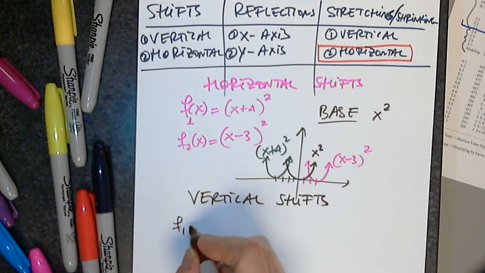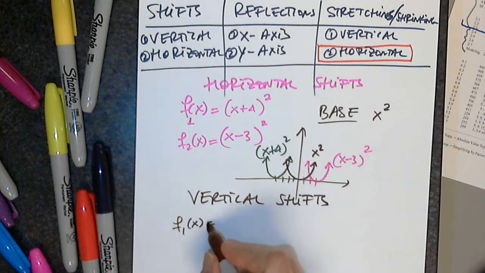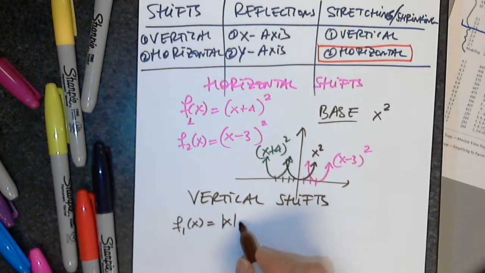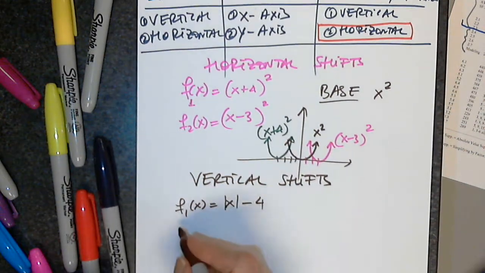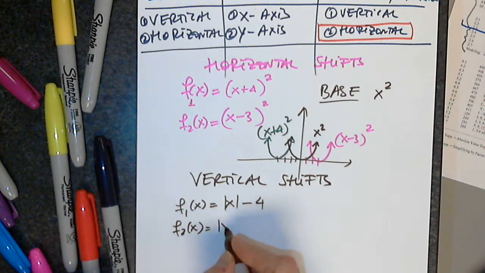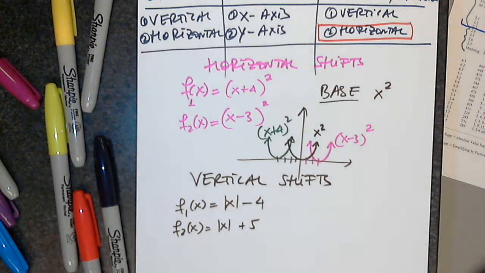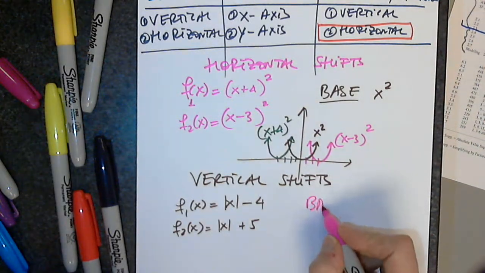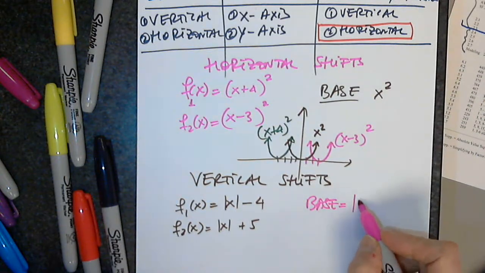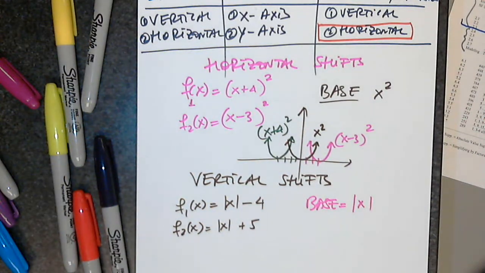Okay, so let's say f1 again, the absolute value of x minus 4, and my f2, the absolute value of x plus 5. What was the base function that I used in order to create this function? Very good, indeed.